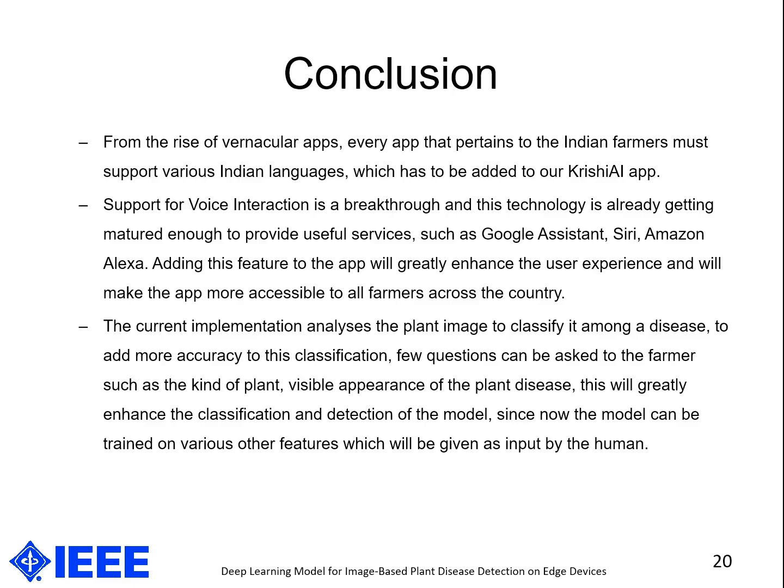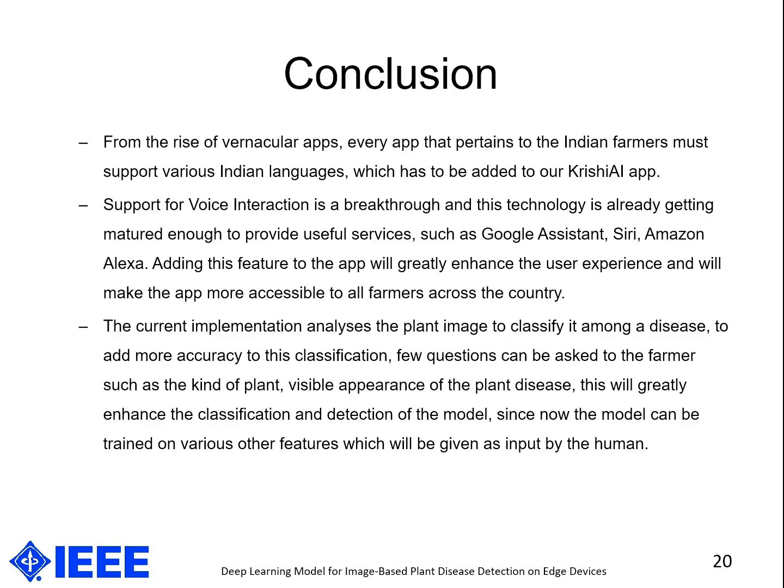So support for voice interaction is very important. Voice interaction is a big breakthrough in this technology, and is already getting mature enough to provide useful resources such as Google Assistant, Siri, and Amazon Alexa. Adding this will greatly enhance the user experience, and it will make the app more accessible to all farmers across the country.